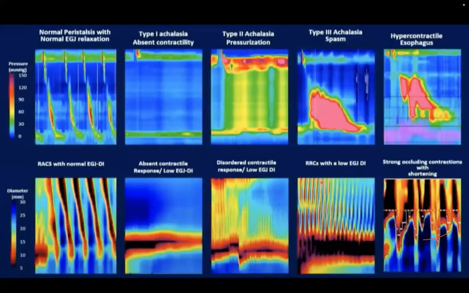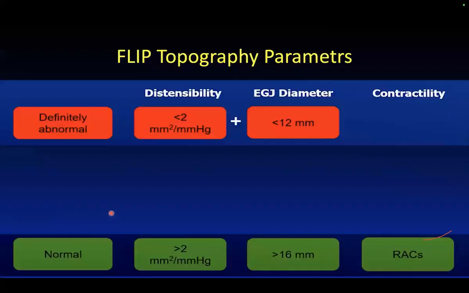We don't know the clinical relevance of this, because we always thought that peristalsis is always antegrade, but do we have secondary peristalsis which goes back retrograde, right? And this is an example of jackhammer esophagus where you see the distensibility index being okay, but you see strong occluding contractions in the esophageal body with shortening of the esophagus, right?